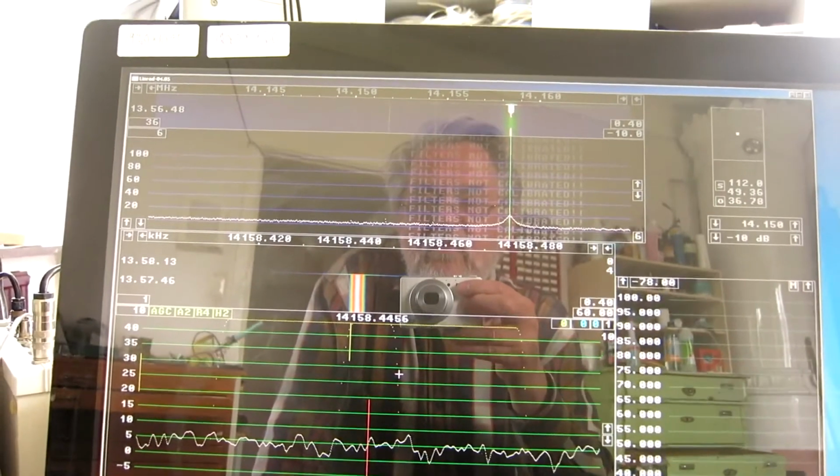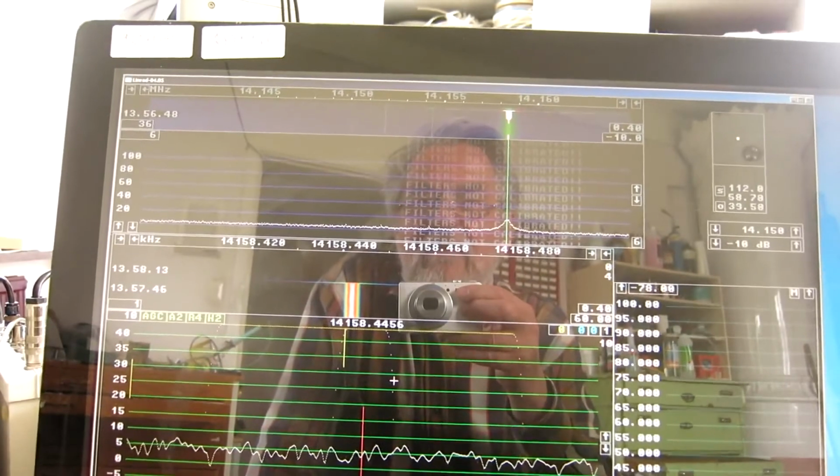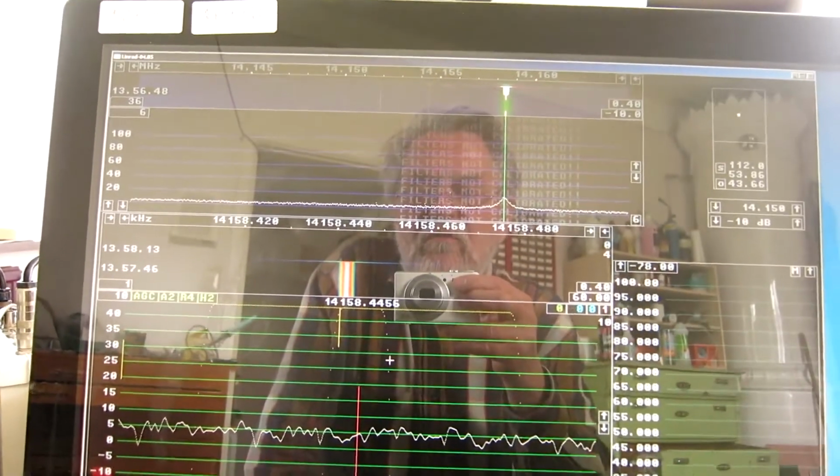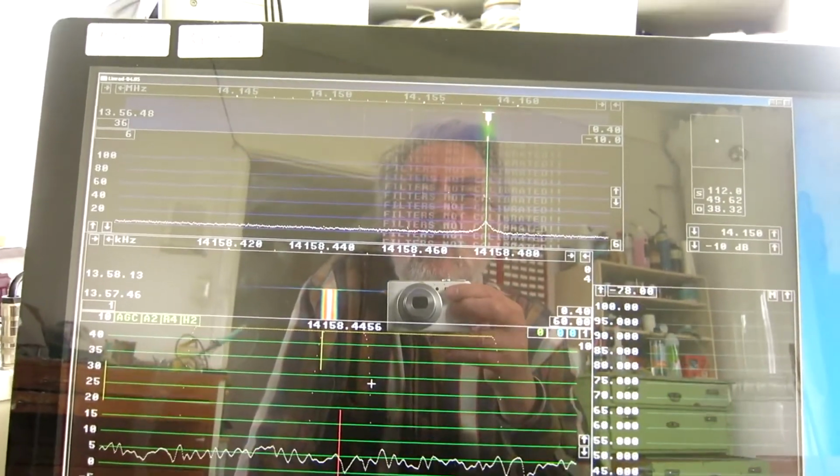Well, the noise floor dropped by 27 dB. I think this is mainly because of the SDR IP, but there is no way for me to know.